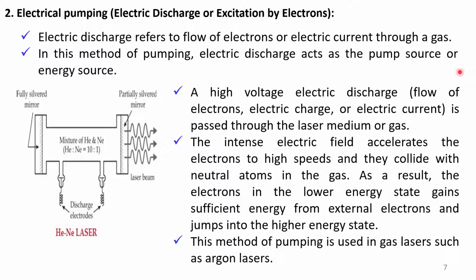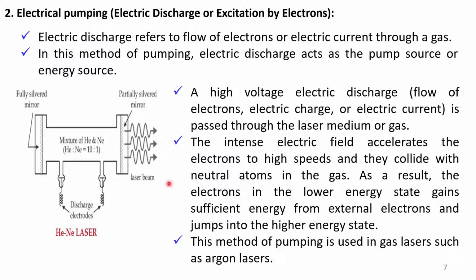When a high voltage electric discharge is passed through a laser medium or through a gas, the intense electric field accelerates the electrons to high speed and they collide with the neutral atoms in the gas. As a result, the electrons in the lower energy state gain sufficient energy from the external electrons and jump into the higher energy state.